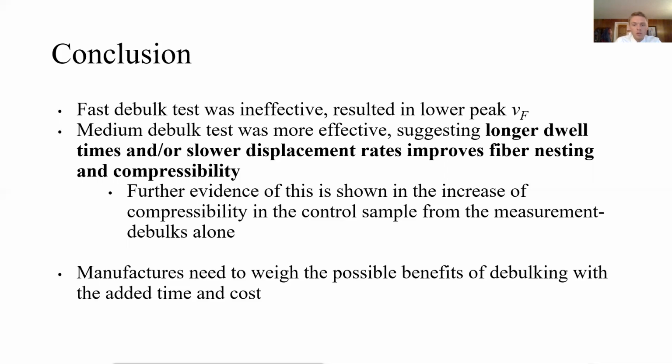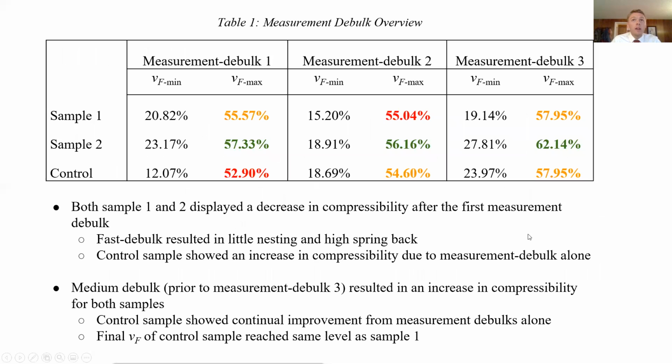I think that this is further suggested in looking at the increase in compressibility in the control sample alone, as it reached the same volume fraction of sample 1 with its long dwell times and slow compressions in the measurement debulk test that it was subjected to, without going through either the fast or medium debulks. And again, just to go back, these are after all the tests had taken place, this sample 1 had all 3 measurement debulks, but they were spaced out, and it had also been subjected to the fast debulk and the medium debulk.